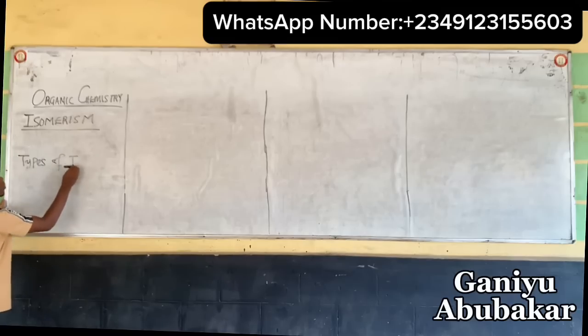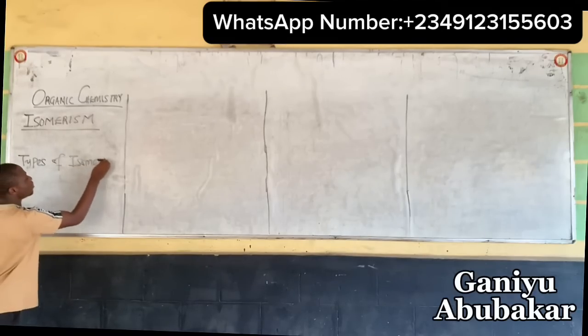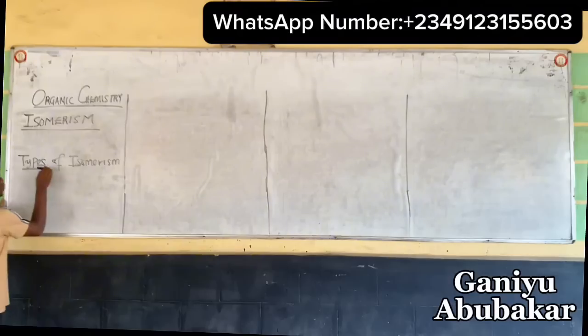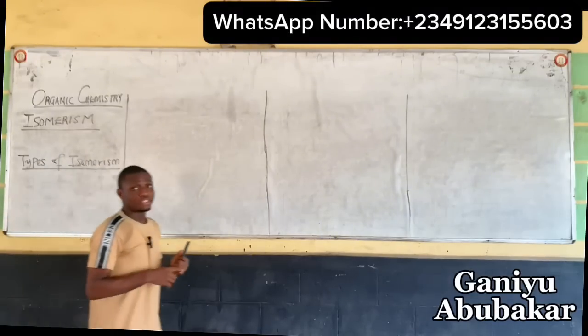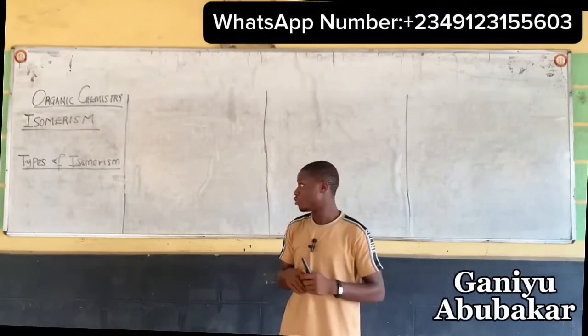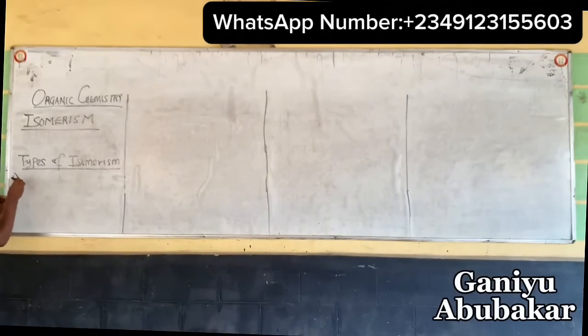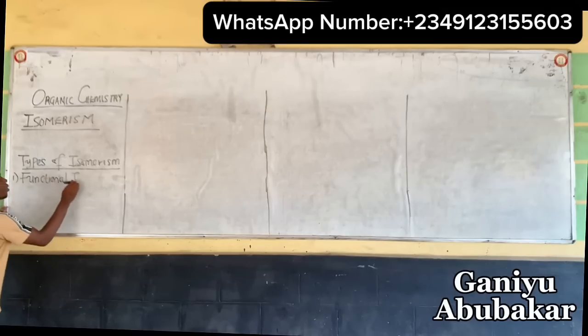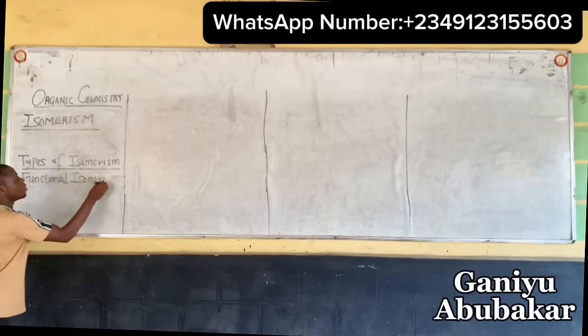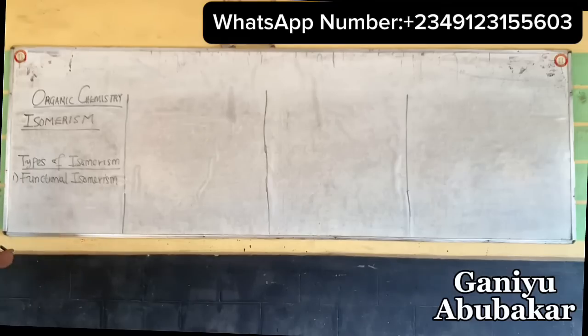Types of isomerism. When it comes to the types of isomerism, there are three distinct types. The first one is called functional isomerism, or functional isomers. The second type is called chain isomerism.